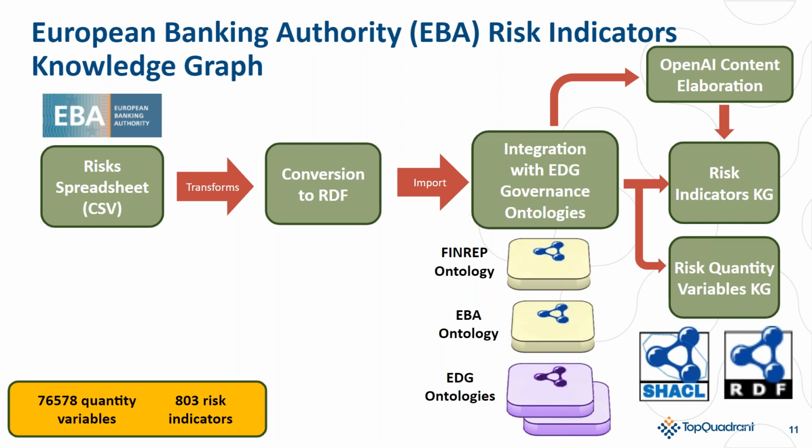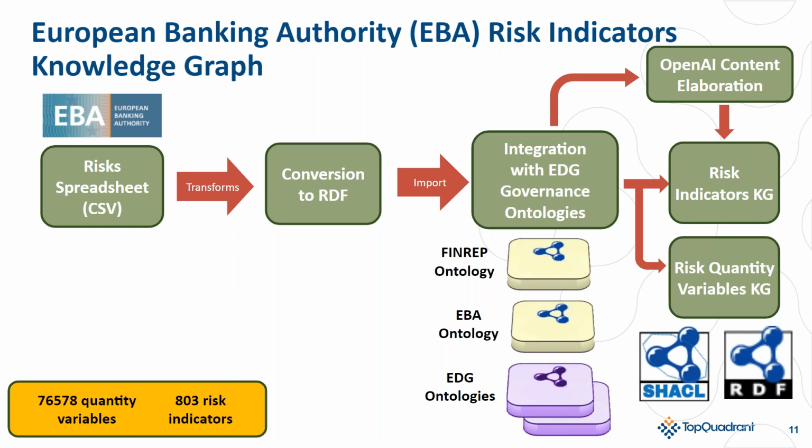And then finally, the concept of those quantity variables. When we bring in all of those risk indicators, we also can pre-calculate and create formulas to define how we define the actual quantity or the amount of risk for each one of those different risk indicators.